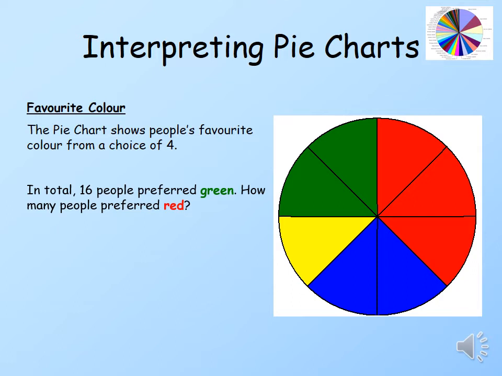So we look at the green section, and there are 2 sections of that, so each one must be 8. Another way of looking at it is there are 64 altogether, but the easier way is that if each section is 8, then red must be 3 times 8, which of course is 24.